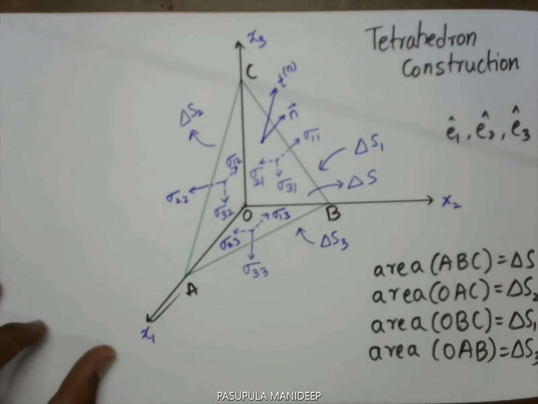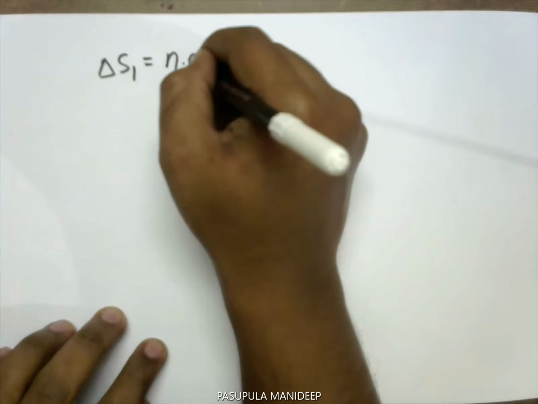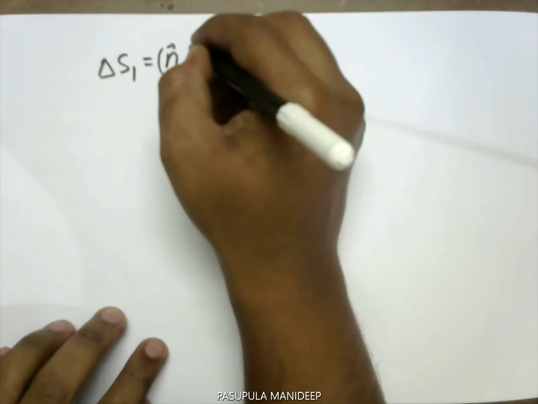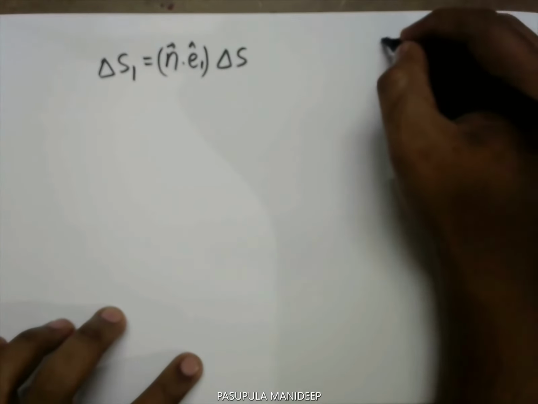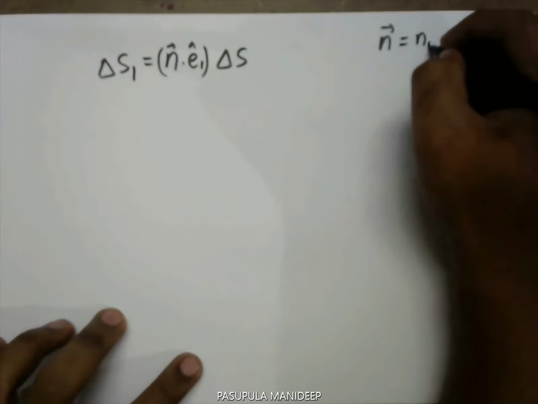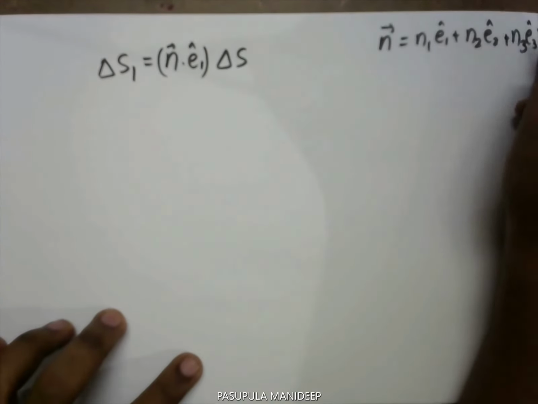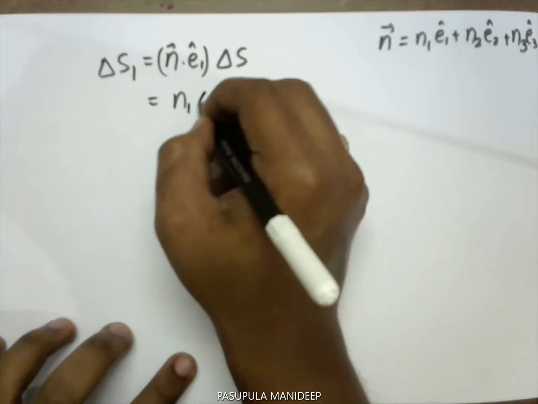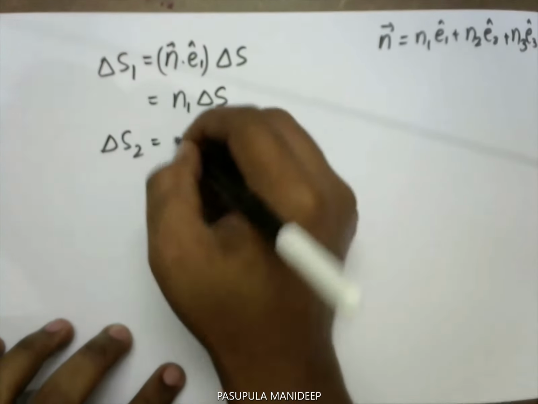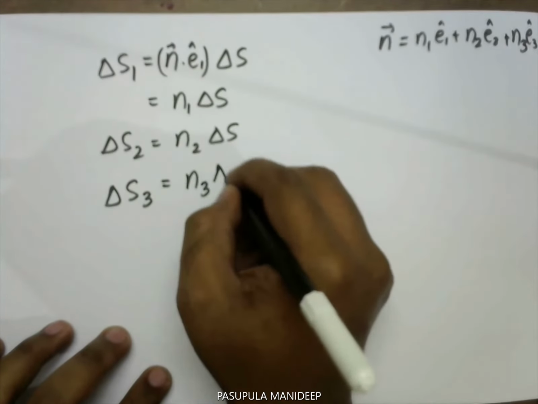We can say that delta S1 is n bar dot e1 cap times delta S. Let us take n bar as n1 e1 cap plus n2 e2 cap plus n3 e3 cap, which implies that delta S1 is n1 delta S. Similarly, delta S2 is n2 delta S, and delta S3 is n3 delta S.